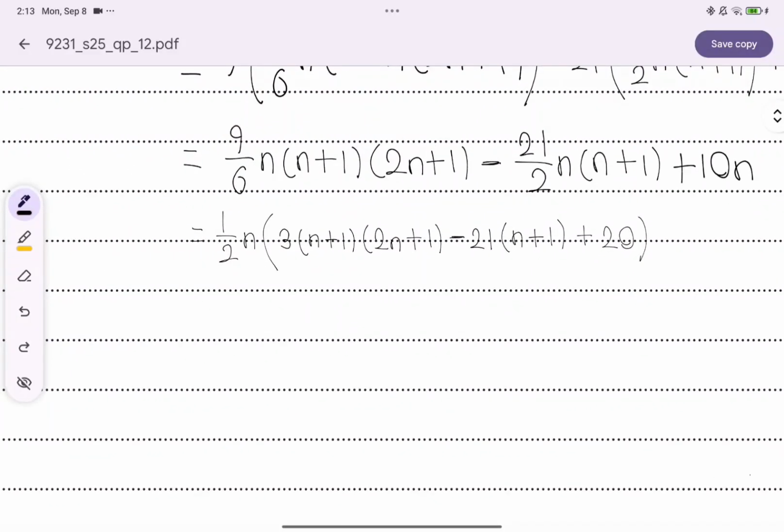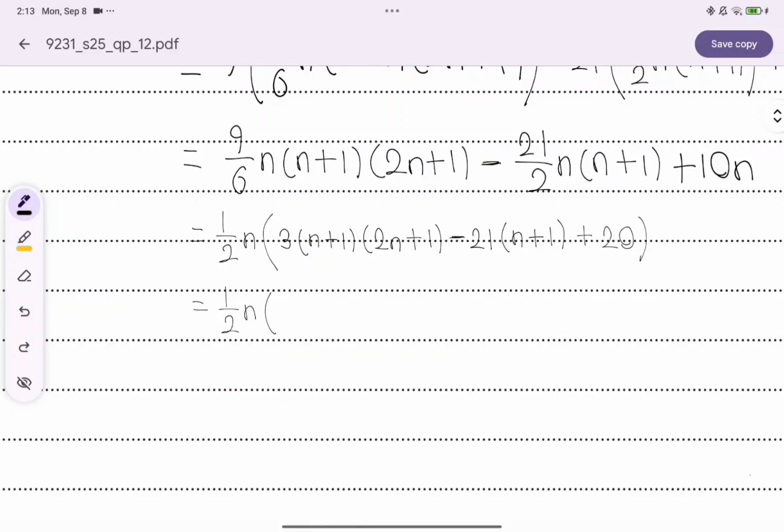So this is our factorized form, and now let's try to factorize this even further. So as we can see in the factorized form, the first two terms, they both have a common factor. So we have n plus 1 as well as 3.